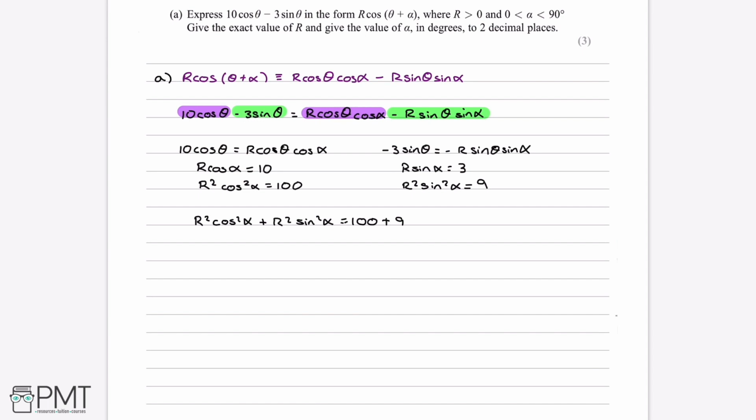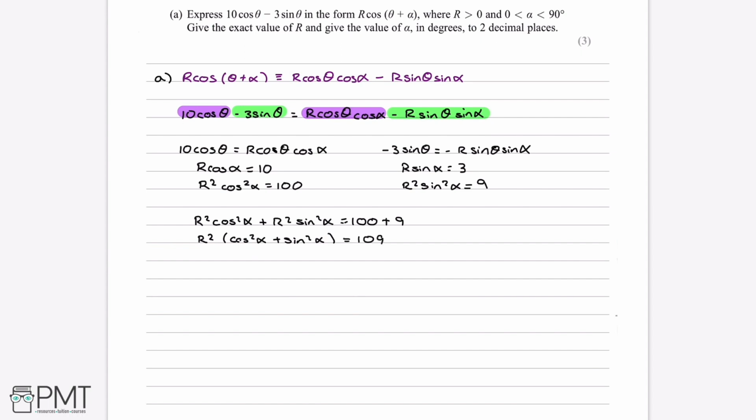And now on the left-hand side, if we take out a factor of r squared, we get r squared, and then in brackets cos squared alpha plus sin squared alpha, is equal to 109.